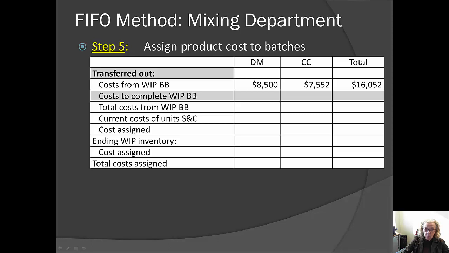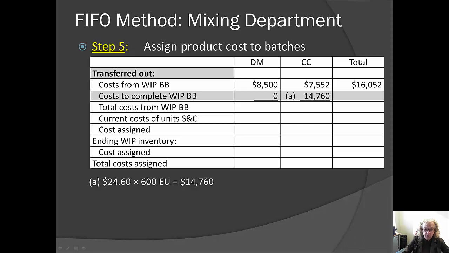That is going to be the cost per equivalent unit times the number of equivalent units for materials, and then again for conversion costs. For materials, there were no materials that were added to the work in process beginning balance because they had already gotten 100% of their materials in the previous period.